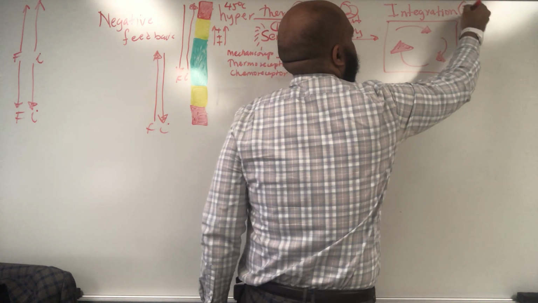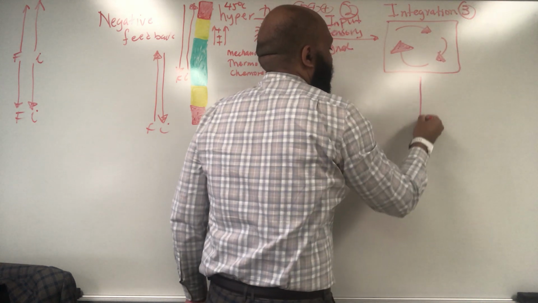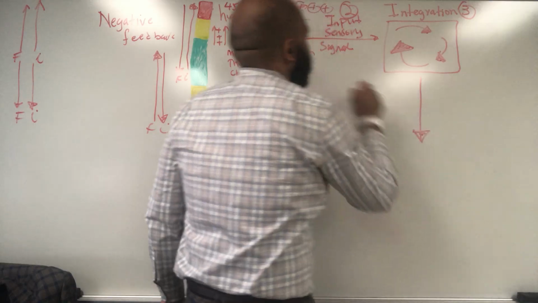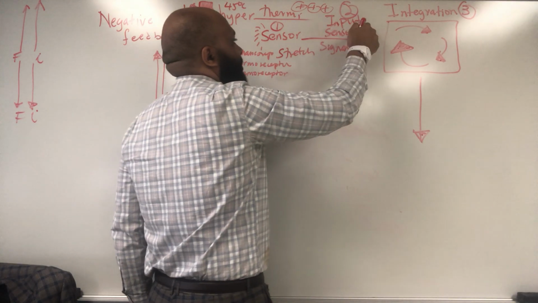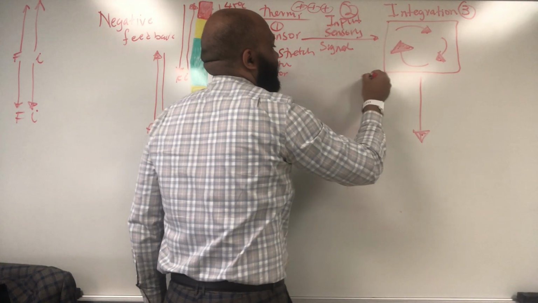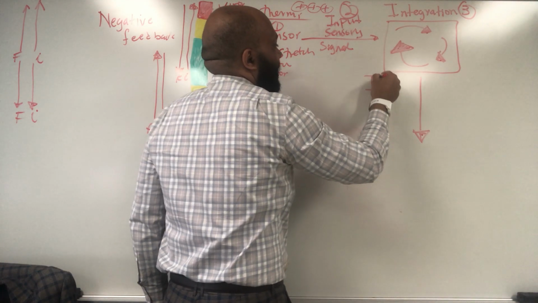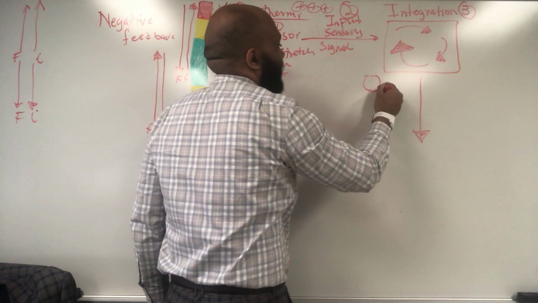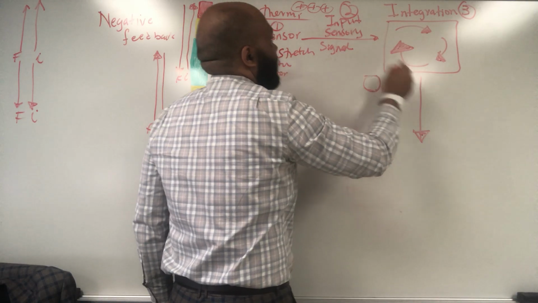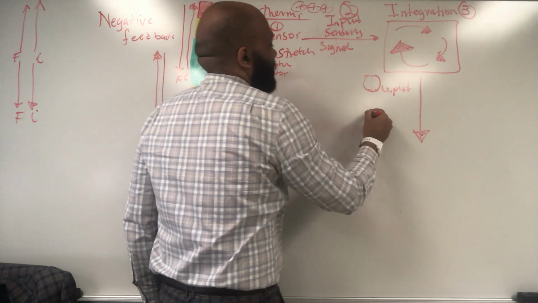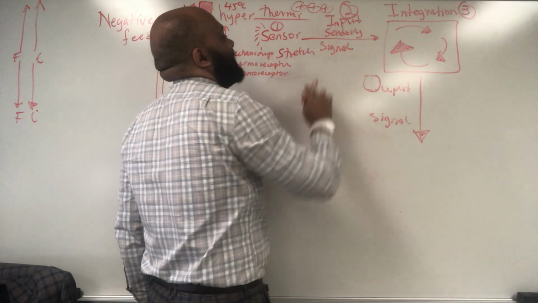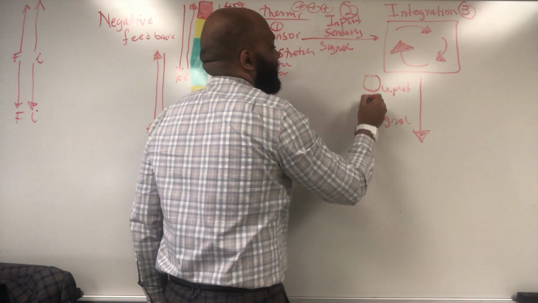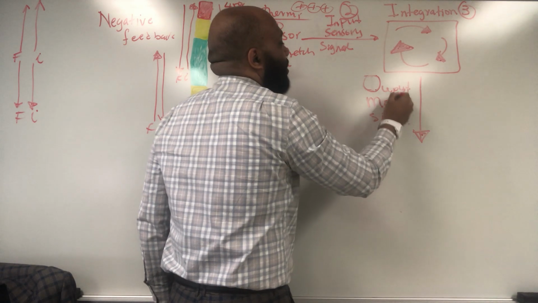Step number 3. Step number 4 will be, so the integration center receives an input. That means it must generate an output signal. But if the input signal was sensory, the output signal must be motor.